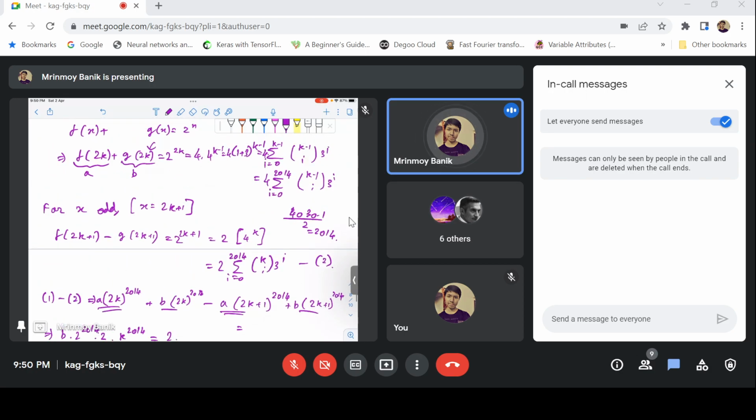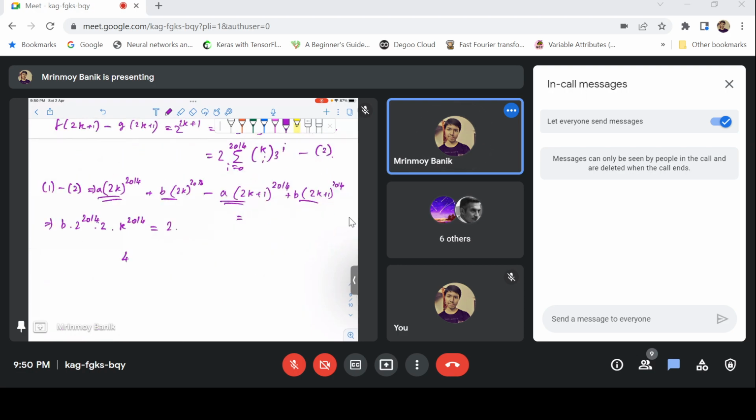So now if we subtract, for all the 4 times the sum over (k minus 1 choose i) 3^i, minus (k choose i) 3^i.